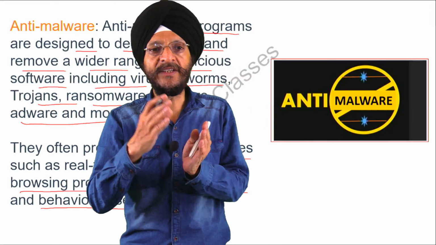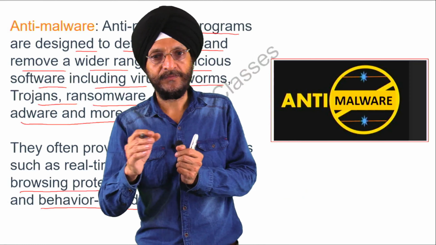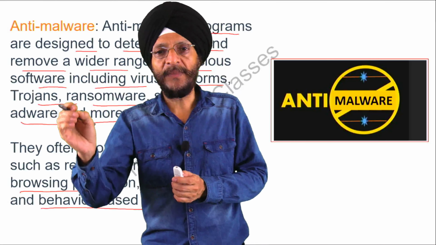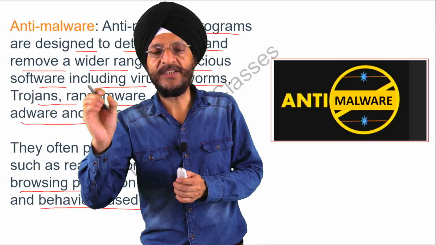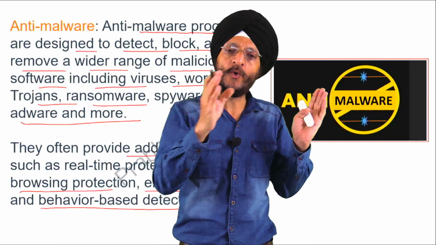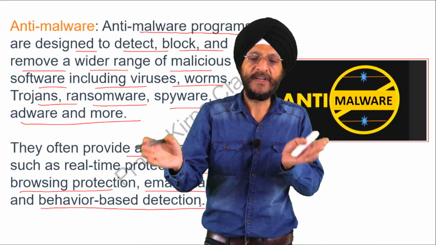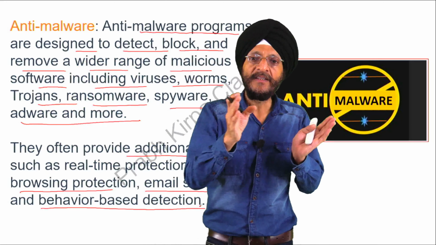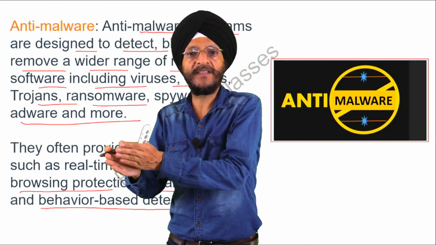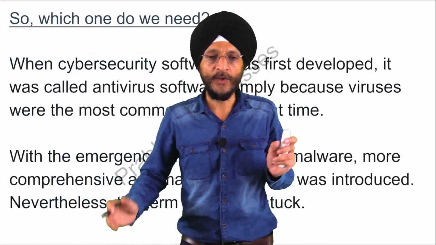That is, it detects the malicious software on the basis of the behavior of the malicious software. So anti-malware is a bigger term and it provides protection not only against viruses but also against other types of malicious software, and it may also provide other features which have been discussed: email scanning, real-time scanning, web protection, behavior scanning, etc.